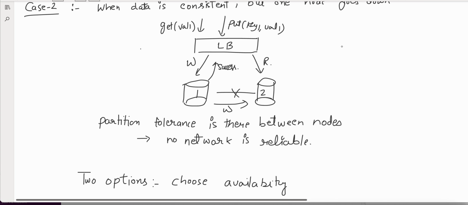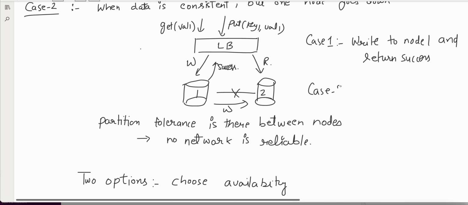Case 1 is to write to node 1 and return success, or case 2 is you return failure because you're not able to connect to node 2, so you return failure to the client that it's not able to write the data to any of the nodes.